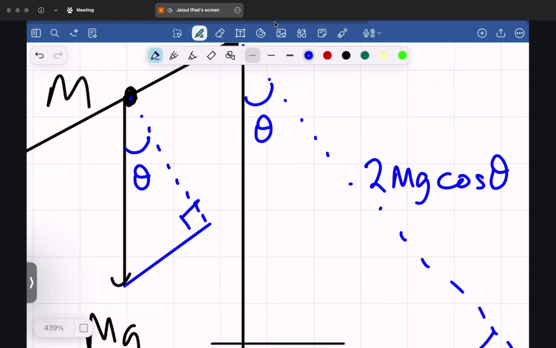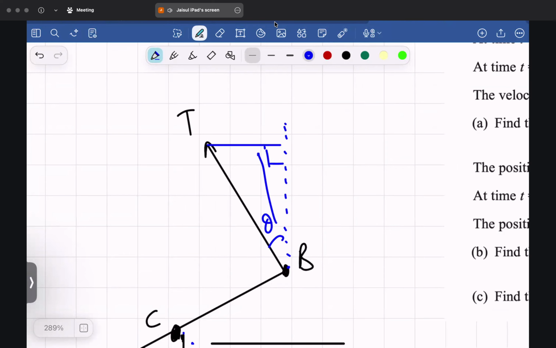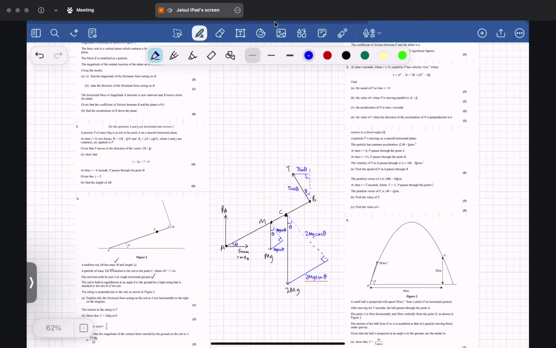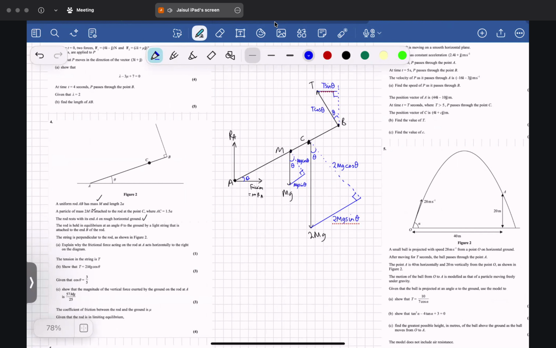And then just mg: mg cos theta, mg sine theta. And this is opposite, so T sine theta, and T cos theta. Okay. It's 3 marks. The question says show that, basically it's saying work out the tension.